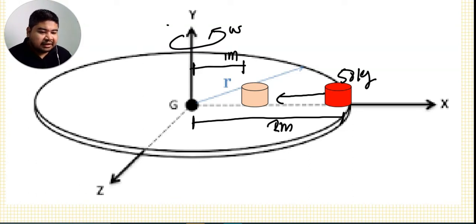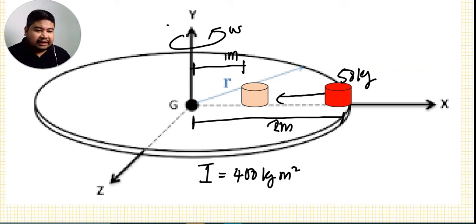Given that the moment of inertia of the disc is 400 kilogram meter square, and the angular velocity of the spinning disc when the person is standing at the end of the disc is 2 radian per second, what is going to be the new angular velocity of the disc when the person moves closer to the axis of rotation?